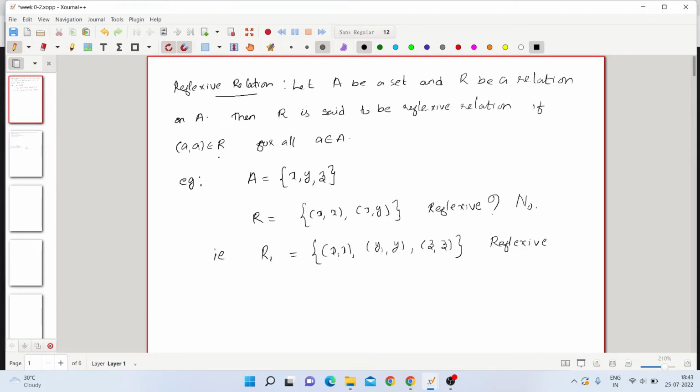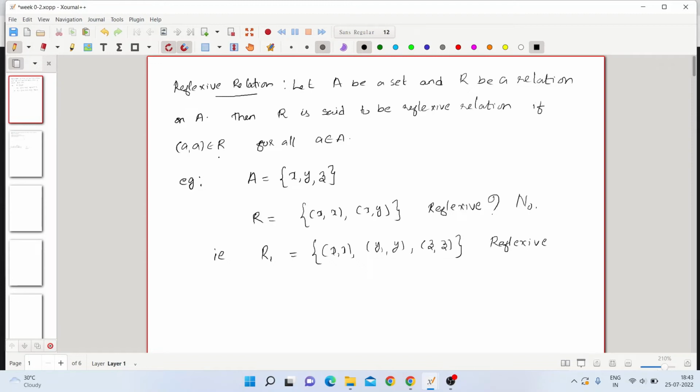Again, let us take a set A, one example, A equal to {1, 2, 3} and R equal to {(1, 2), (2, 2), (2, 1)}. Now see, (1, 2) is there, (2, 1) is there, (2, 2) is there. So all the conditions of the symmetric relation are satisfied here.